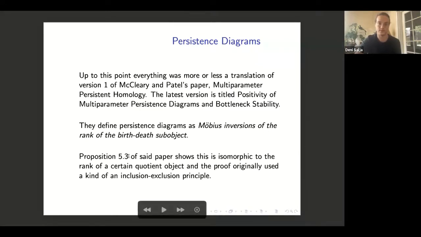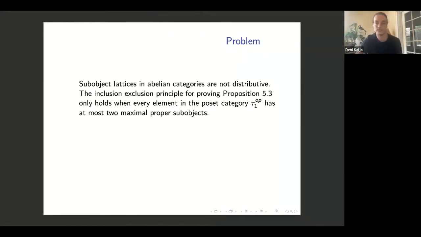And then in proposition 5.3 for both of these papers, they show this is isomorphic to the rank of a certain quotient object. And this proof uses some kind of inclusion-exclusion principle, which in the original version didn't hold. The reason it didn't hold in that version was because, as I see it anyways, subobject lattices in abelian categories aren't distributive.